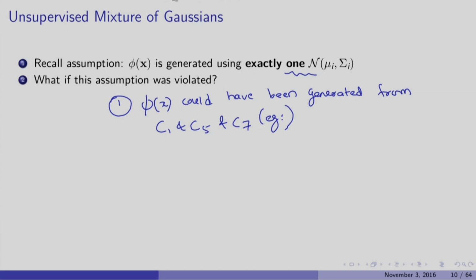I will provide you with some extra notes that deal with what to do in the case when phi x could be generated from multiple classes, and this is more generally called the multi-class and multi-label problem.